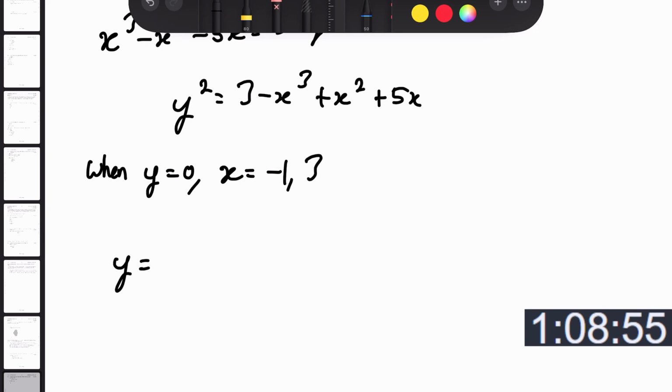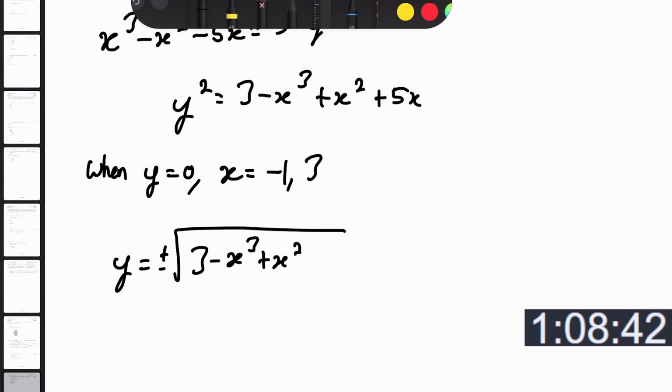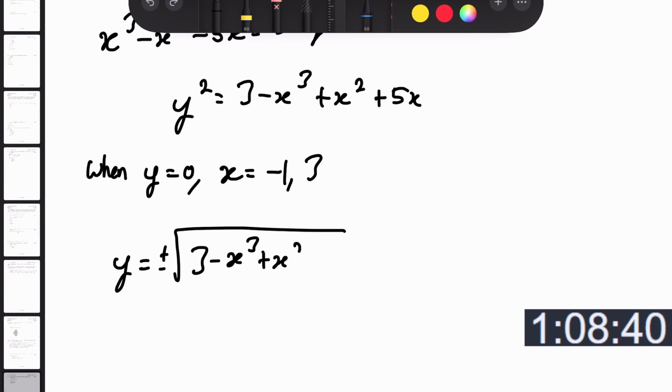And we'll say that y equals square root of 3 minus x to the power 3 plus x squared plus 5x.